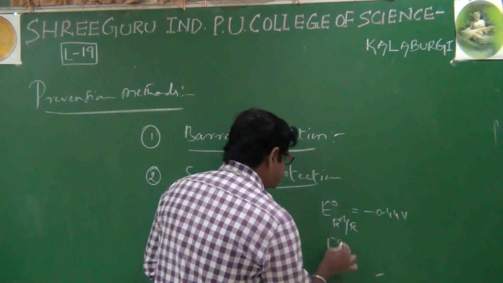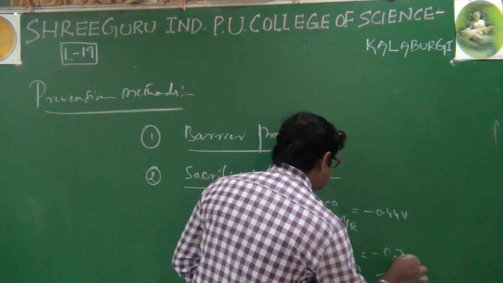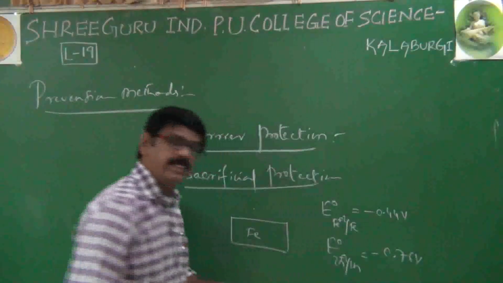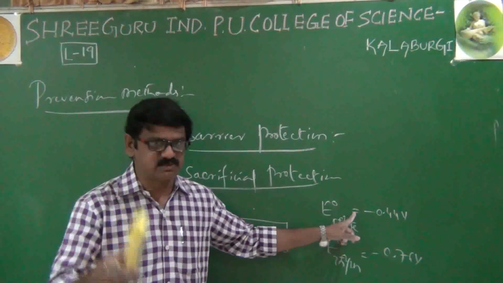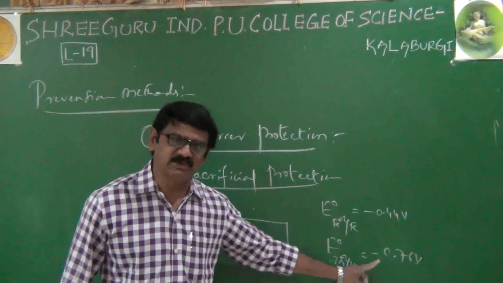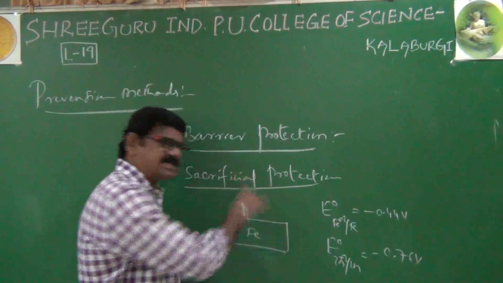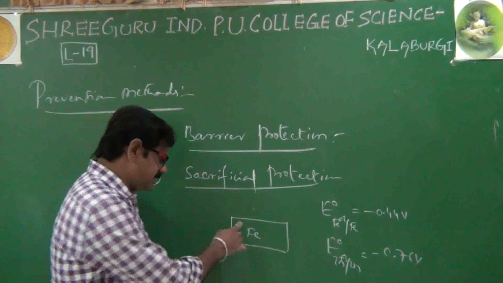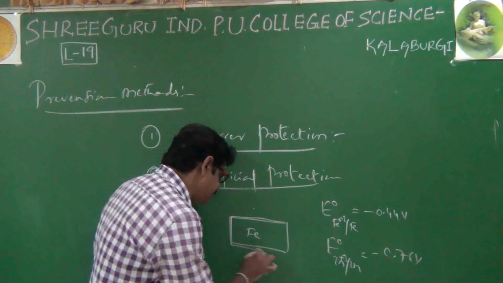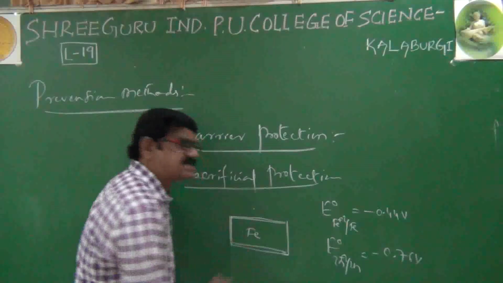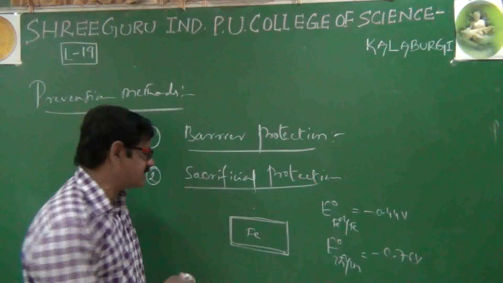Next, the zinc SRP value is minus 0.76, right? When we compare iron and zinc, the iron SRP value is more and the zinc SRP value is less. Our target is to protect this iron. Because of that, on this iron surface we have to keep a still lower SRP metal on its surface.